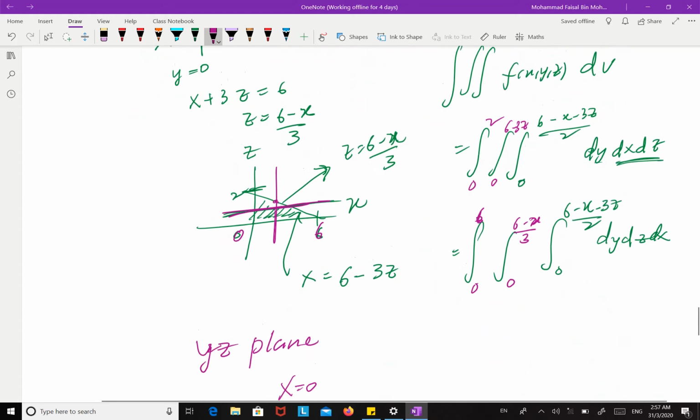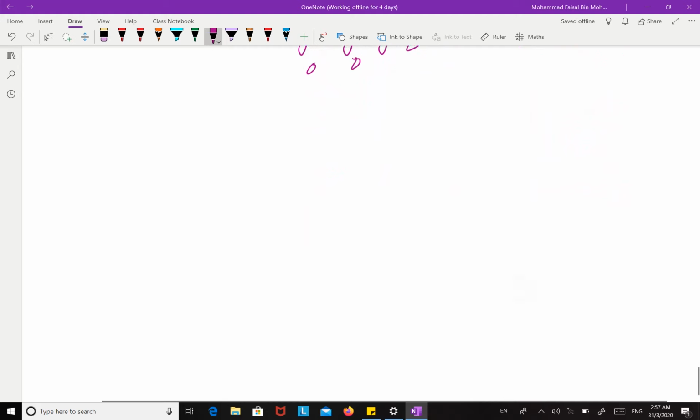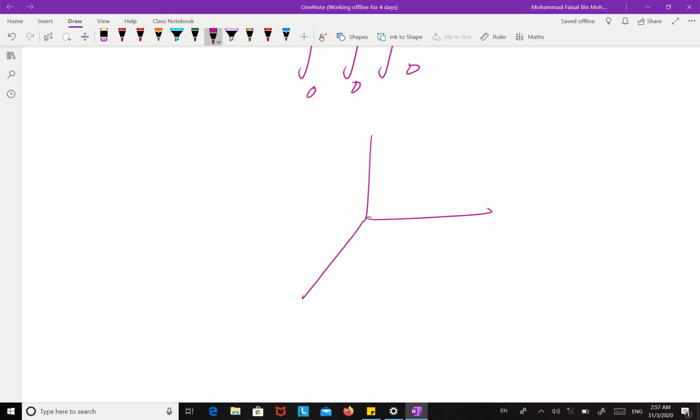Okay, so if you join all this, you will get somehow z, y, x. So this is I think 2, and then we have 6, and this is I think 3.